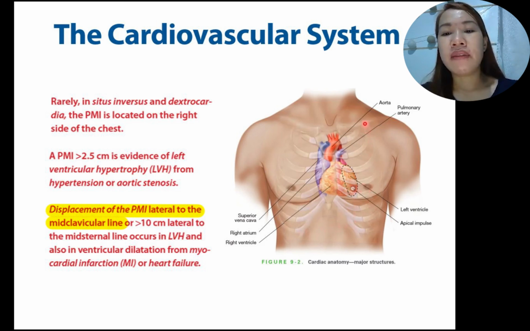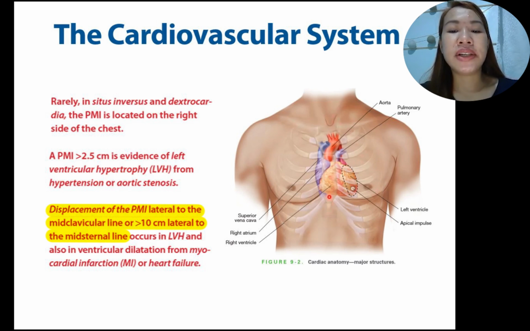Remember, this is the midclavicular line, and I mentioned earlier it should be located medial to it. But if it is displaced lateral to the midclavicular line, greater than 10 centimeters lateral to the midsternal line.